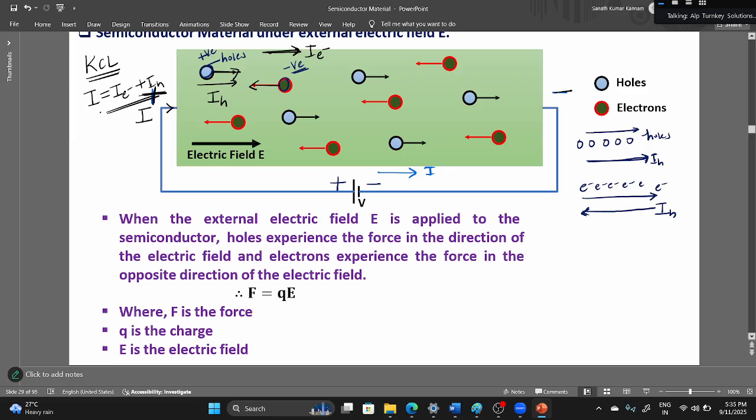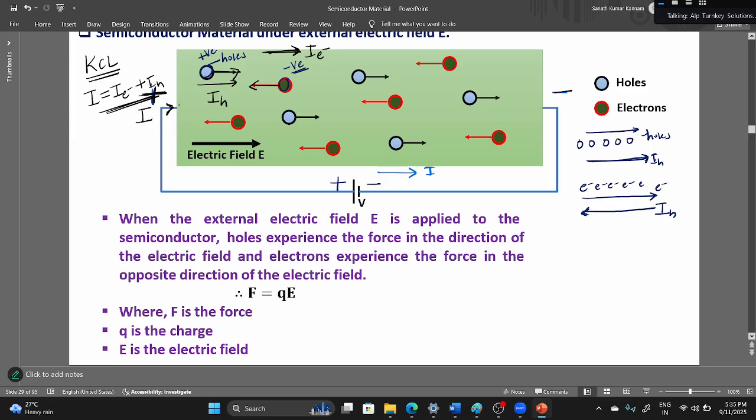KCL is satisfied. Now, when an external electric field is applied to the semiconductor, holes experience force in the direction of the electric field, and electrons experience force opposite to the direction of the electric field. Here you are applying the electric field.